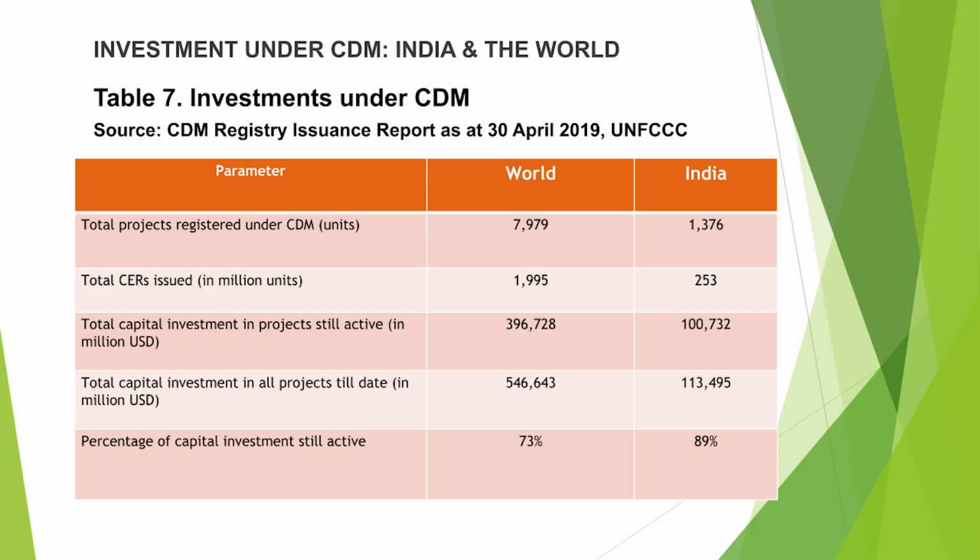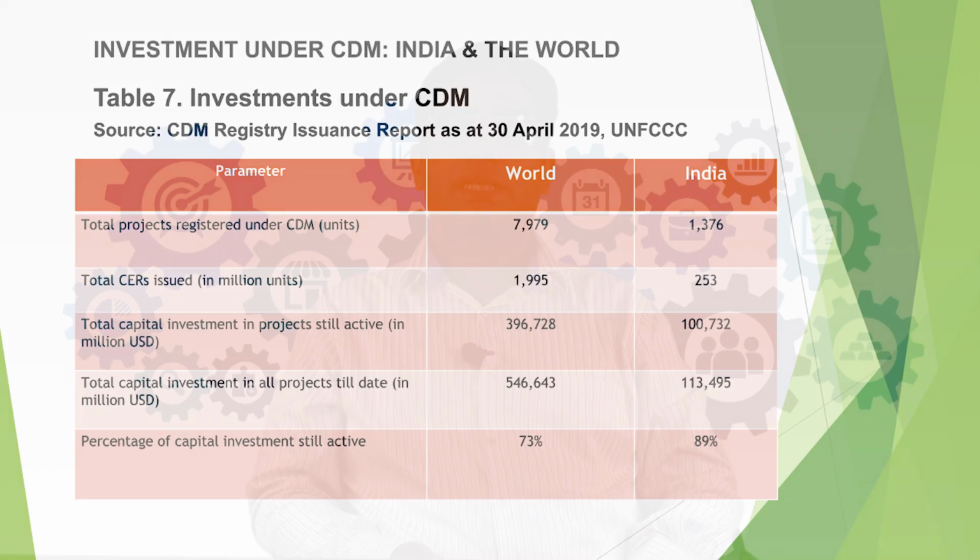Total capital investment is given here, and we have a significant number in India as well. Total capital investment in all projects till date in million USD you can see worldwide, and there is a significant contribution from the Indian side as well. The percentage of capital investment still active is 73% worldwide, and in India we have 89%.